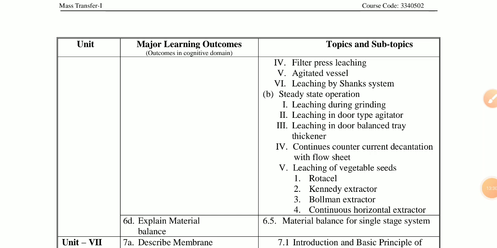Leaching is a dual type of agitator. Then the leaching in dual balance for a tray efficiency, tray thickener. Then a continuous counter current decantation with flow sheets, leaching for a Bollman extractor. Okay, another part we will see in detail.